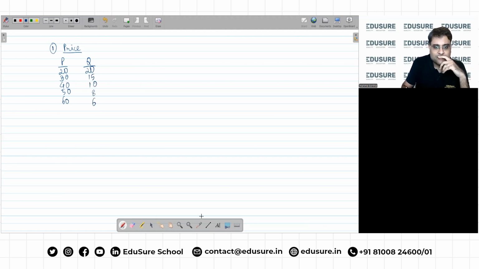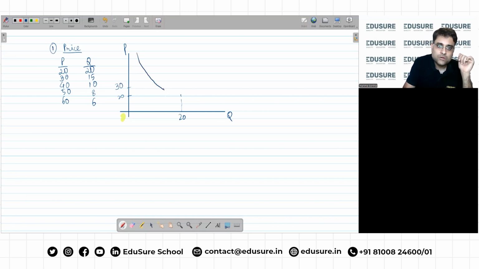If I were to draw the diagram on how it will look in the PQ space, price 20, quantity is 20, price 30, quantity is 15. So what you'll realize is you'll get a downward sloping demand curve.